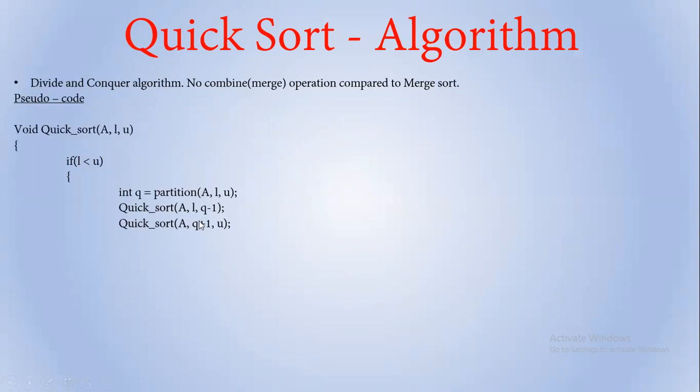So if you can see, how you get the number of elements of an array is by U minus L plus 1.